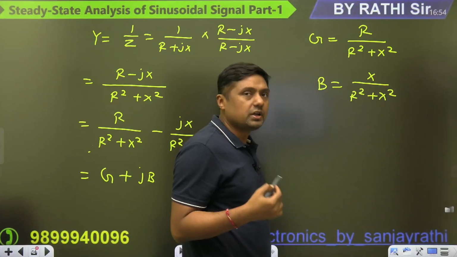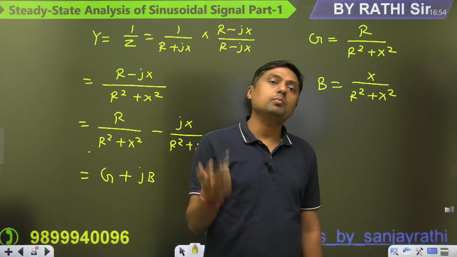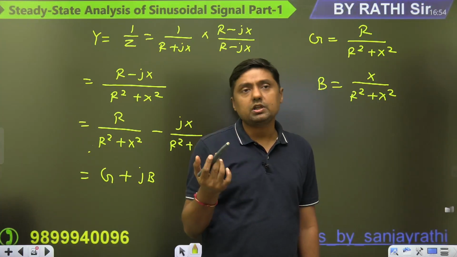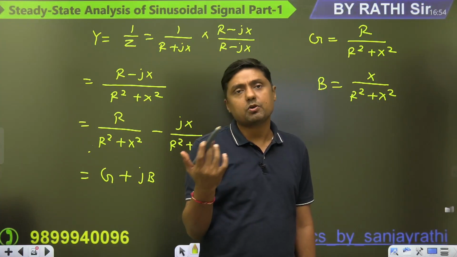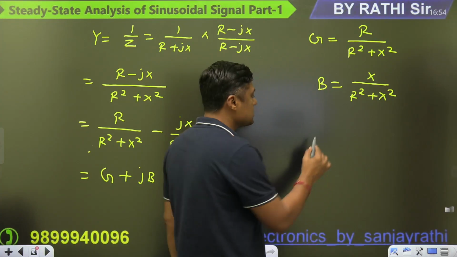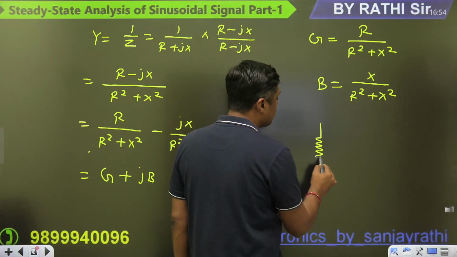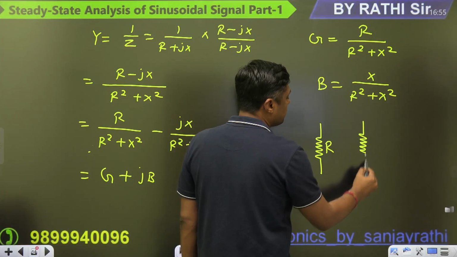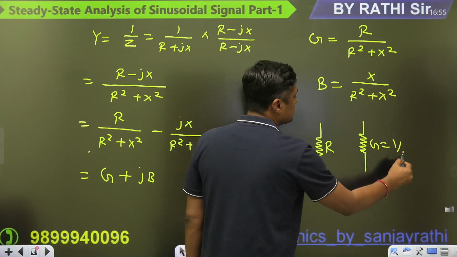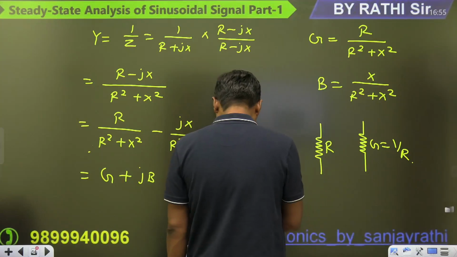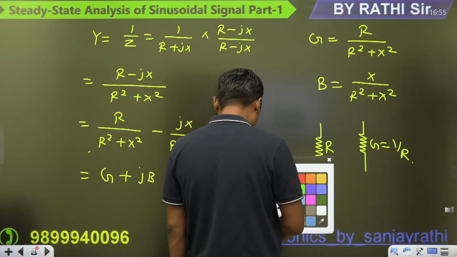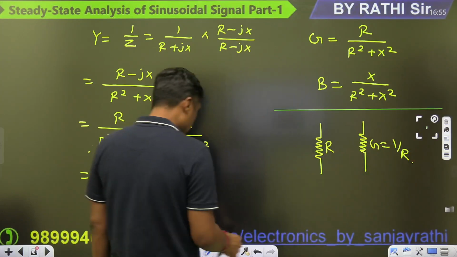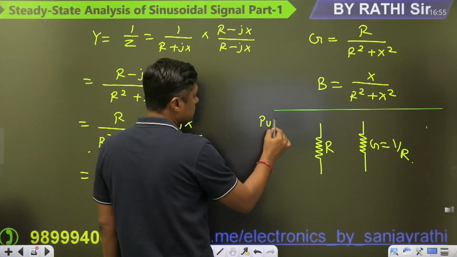So normally what are students doing? G is equal to 1 by R. Try to understand. If it is purely resistive, then only there is G and G will become 1 by R. But in this case, it has two parts, real as well as imaginary, so you have to find the reciprocal of that.